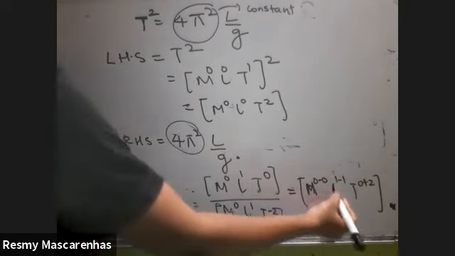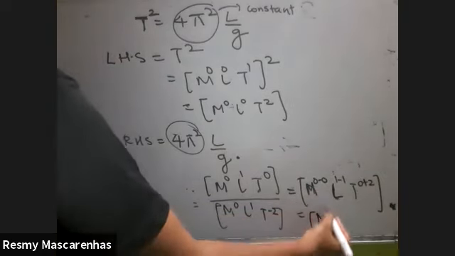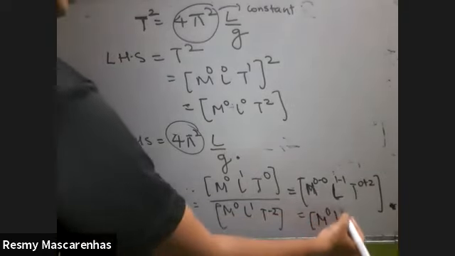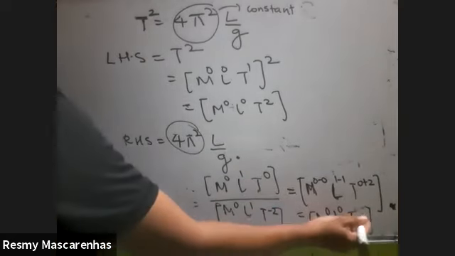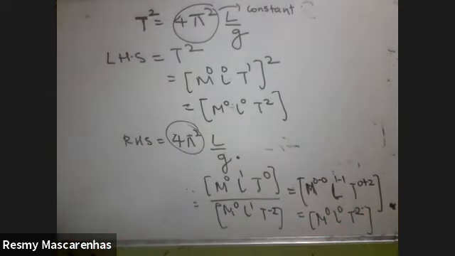Then you will get M0, L0 since 1 minus 1 is 0, and T plus 2. So left hand side equals right hand side. Write that left hand side equals right hand side. Therefore, the equation is dimensionally correct.